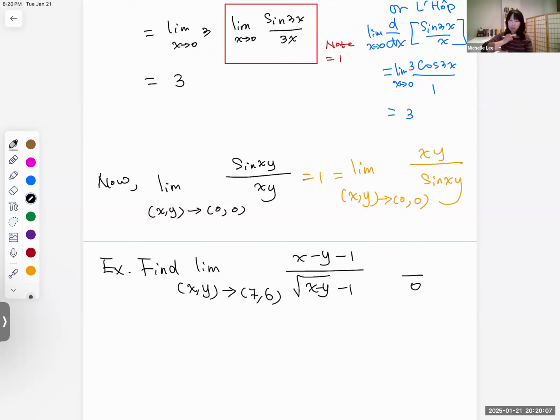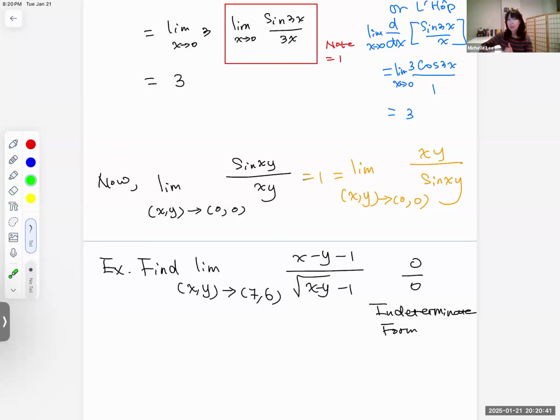If we get 0, what about the numerator? It's also 0, right? Okay, we call this an indeterminate form. Then we have to do something else. From calculus 1, if we have a radical, what kind of technique are we using?